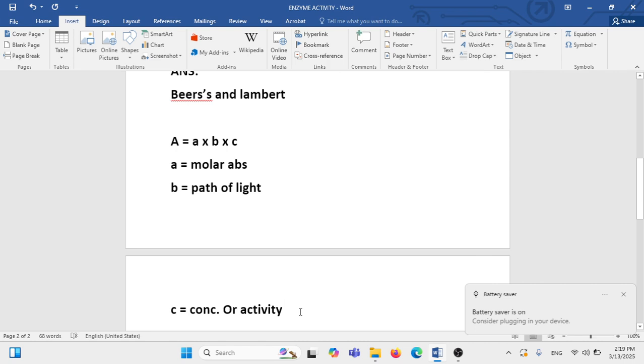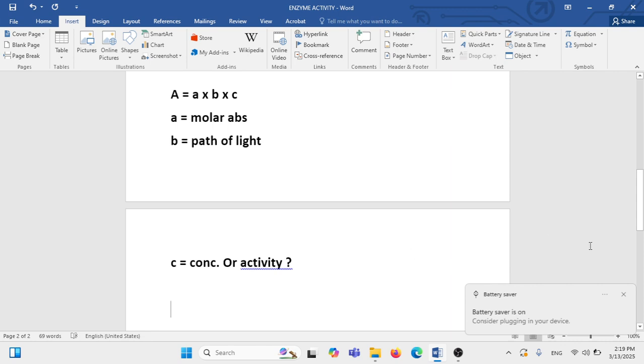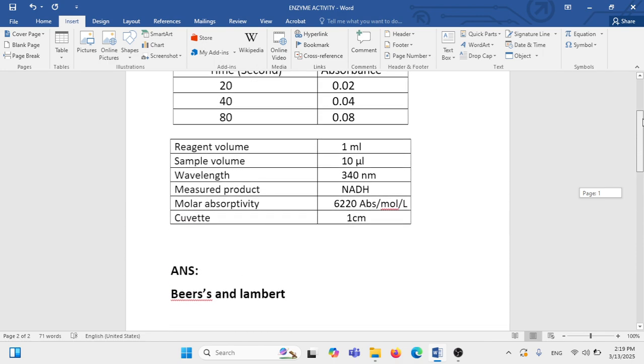So activity equals what? Let's calculate it by putting values in the formula. We require the change in absorbance per minute here, because we have to report in IU per liter.